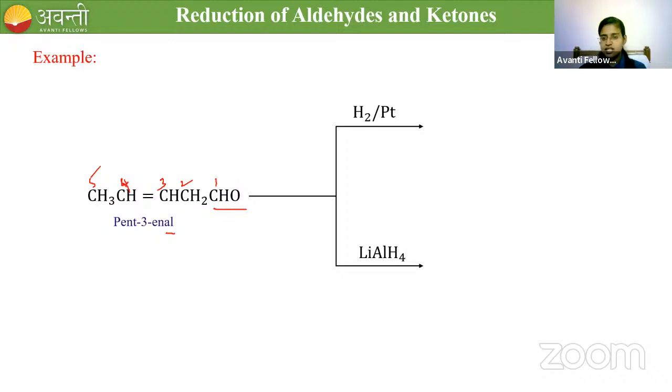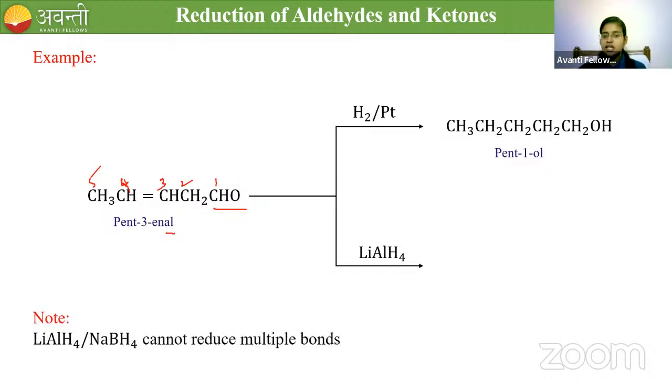Listen. From hydrogen in presence of platinum, we get pent-1-ol, which is pentanol. And from the second reagent, lithium aluminum hydride and sodium borohydride cannot reduce multiple bonds. This is what I taught in the features of the reducing agents in the previous lesson. So lithium aluminum hydride will not reduce the double bond, but it will reduce only the aldehyde group. So here we will get pent-3-enol.